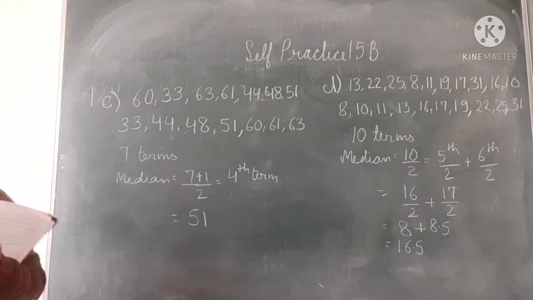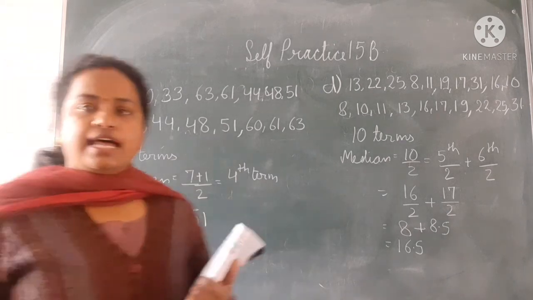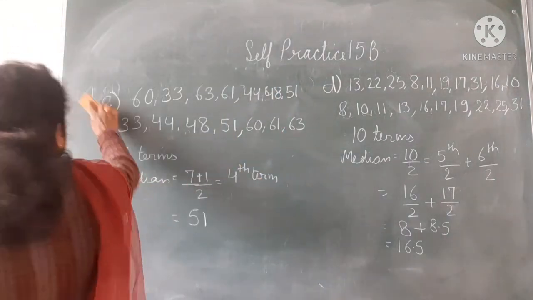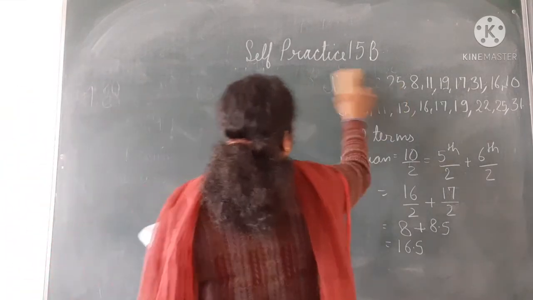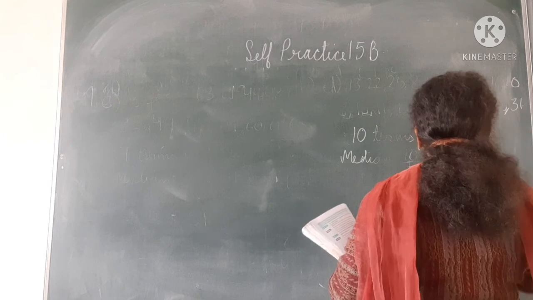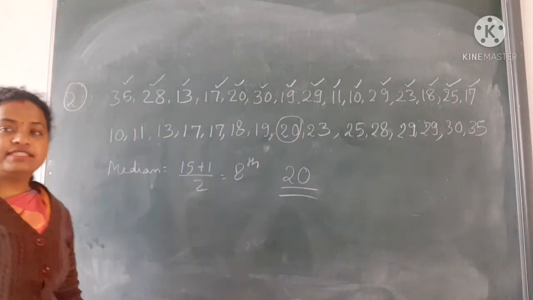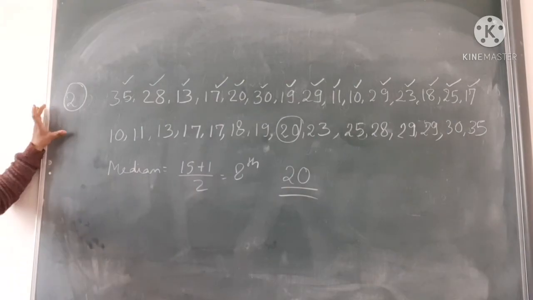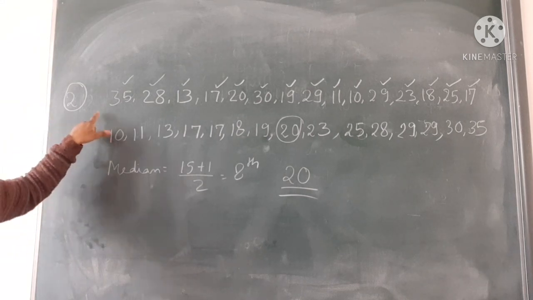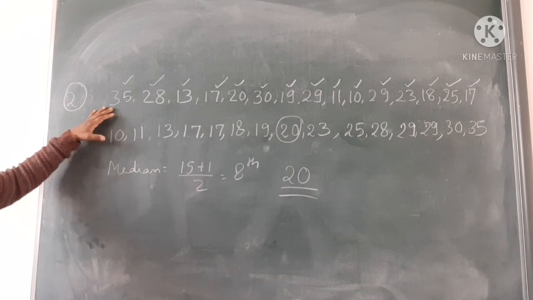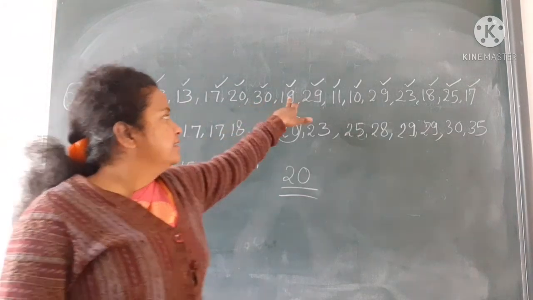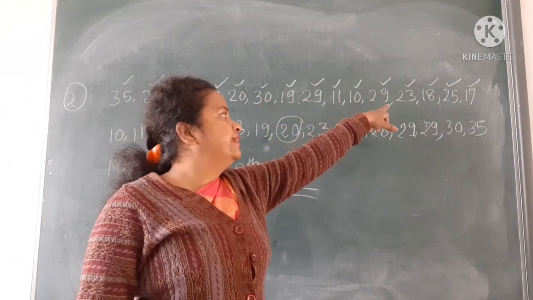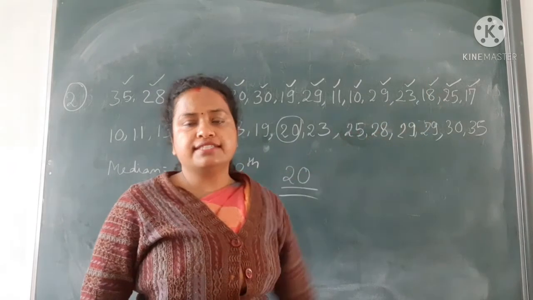Okay students, now see the last question of this exercise, question number 2. The numbers are written as ungrouped data: 35, 28, 13, 17, 20, 30, 19, 29, 11, 10, 29, 23, 18, 25 and 17.